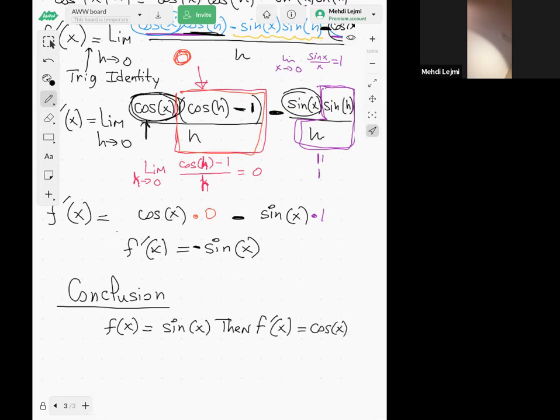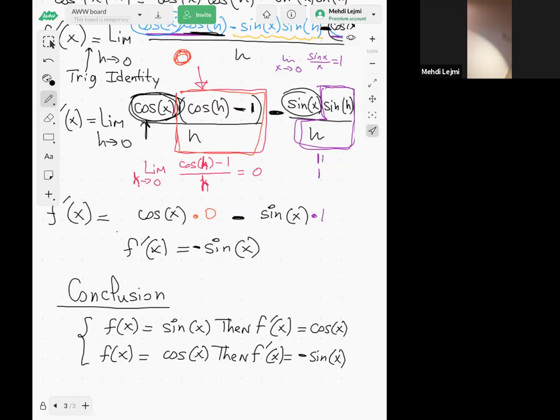And if f of x is cosine, then the derivative of cosine is actually minus sine, so f prime of x is minus sine. So that's what we proved. We proved these two formulas, these two derivatives: derivative of sine is cosine, derivative of cosine is minus sine.